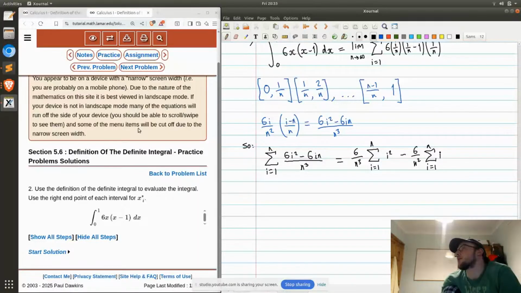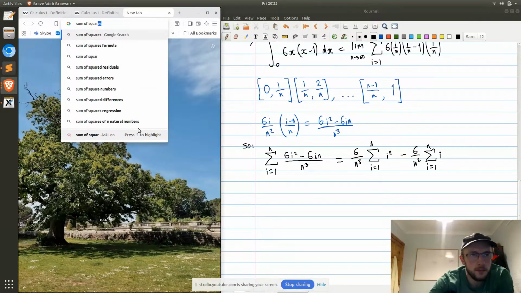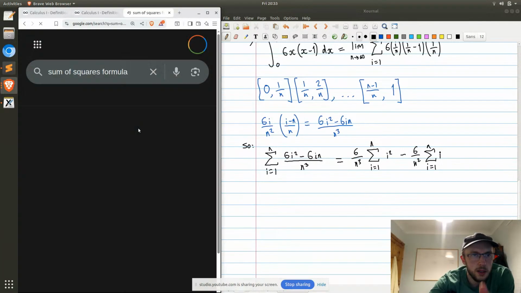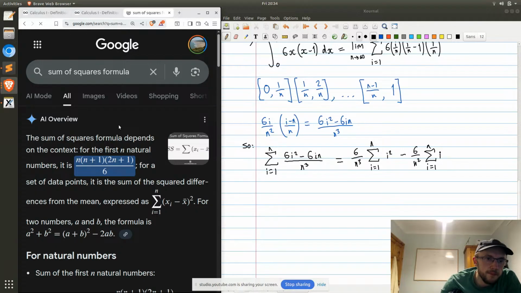I think it's something like n times n add 1 times 2n add 1 all over 6, something like that. Oh, yay. Okay. n times n add 1 times 2n add 1 all over 6.